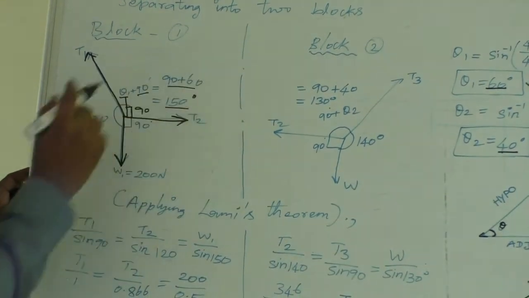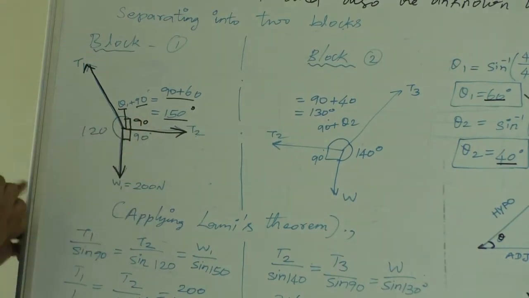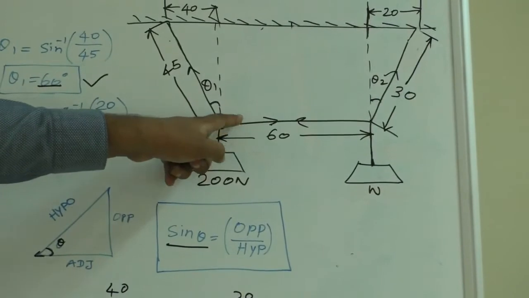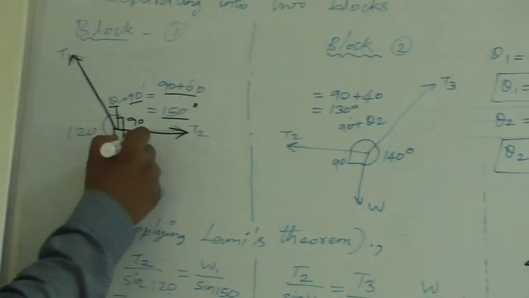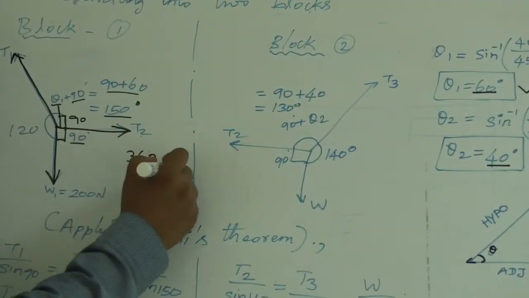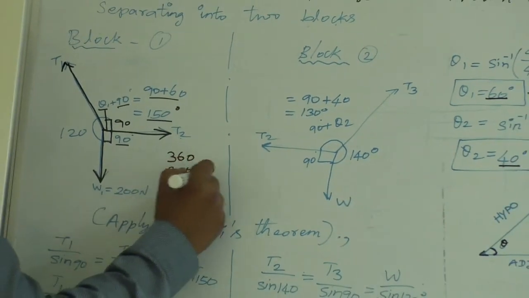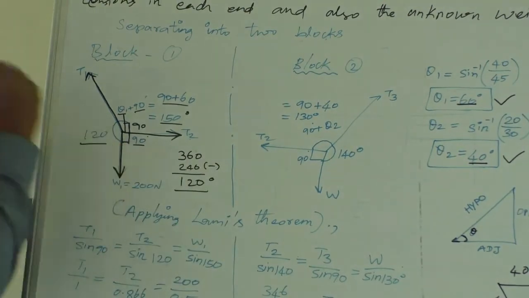The angle between T2 and W1 may be taken as 90 because there is no deviation, so you take it as 90 degrees automatically. We have 150 and 90, so the total 360 minus the sum of 150 and 90, which is 240, gives 120 degrees. The remaining angle will be 120 degrees.